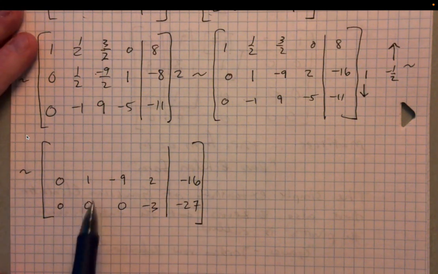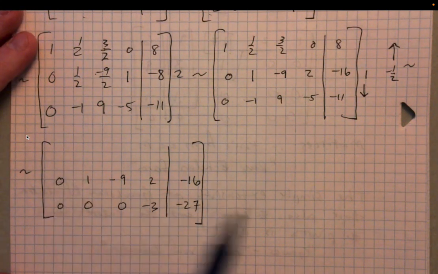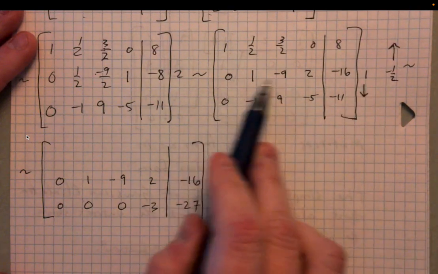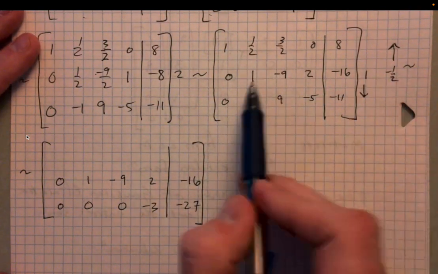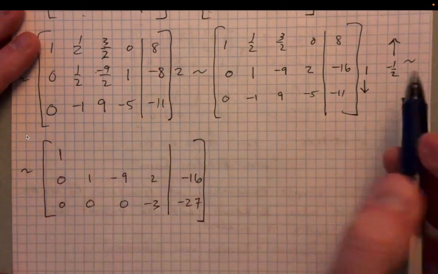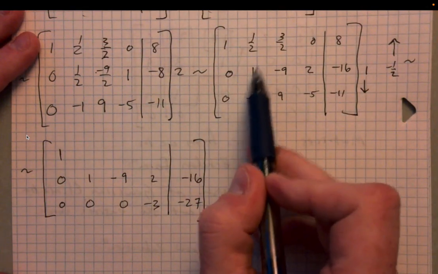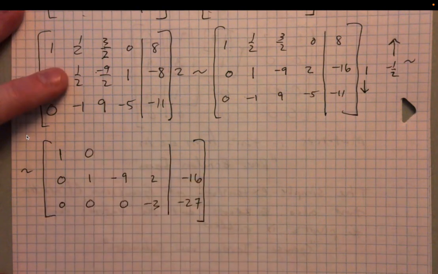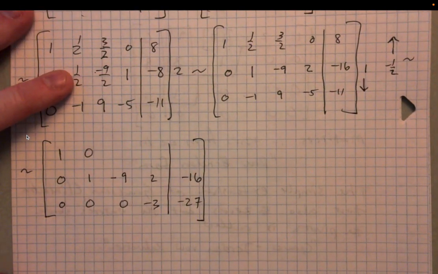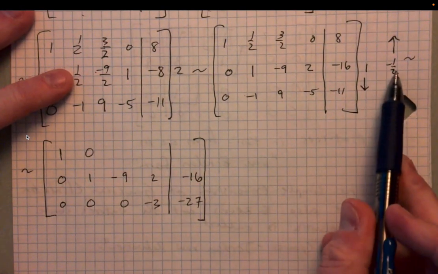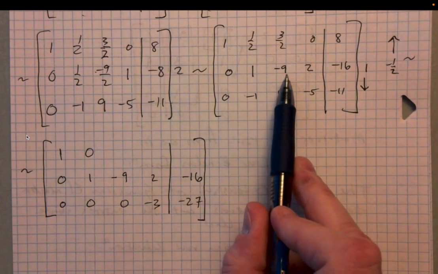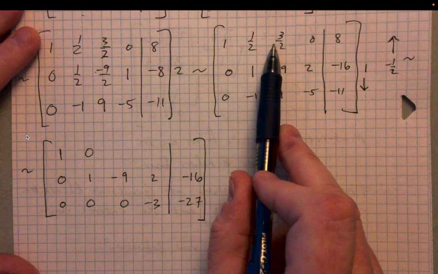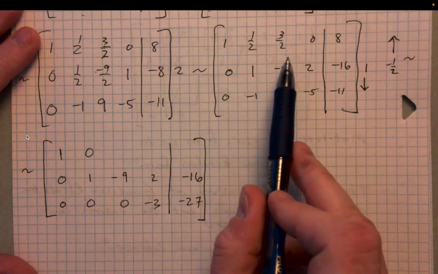All right, so now I've got the 0 here. And then I need to go and multiply everything by negative 1/2 and add to the top. So negative 1/2 times 0 is 0, plus 1 is 1. Negative 1/2 times 1 is negative 1/2, plus 1/2 is 0. Okay, and then negative 1/2 times negative 9 is 9/2, plus 3/2 is 12/2, right?